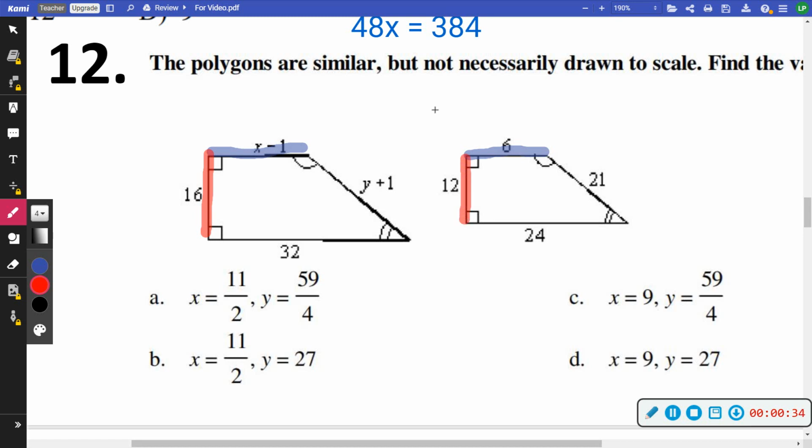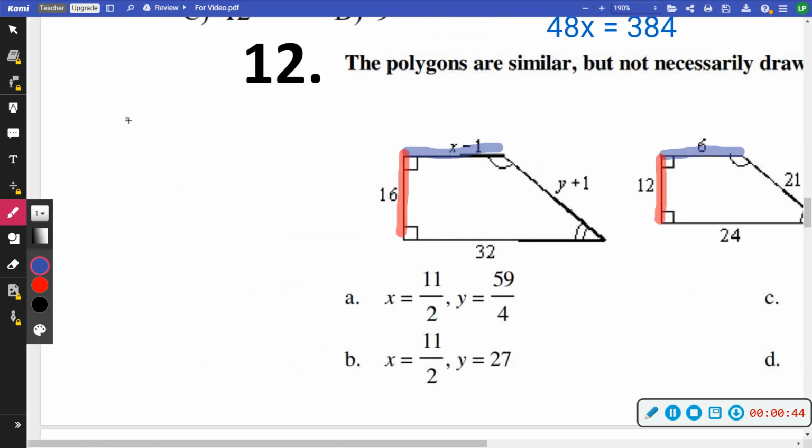So I'll do x minus 1 over 6 equals 16 over 12.